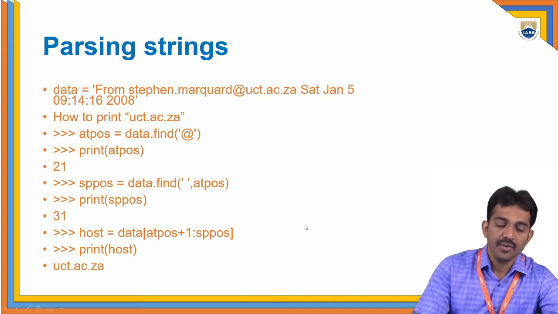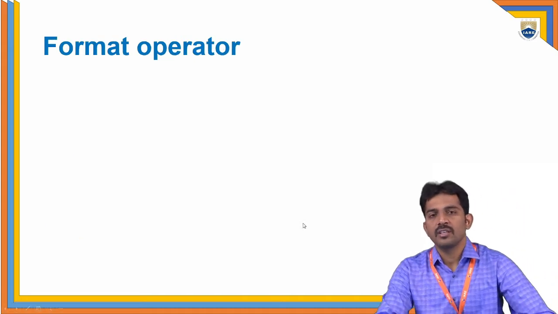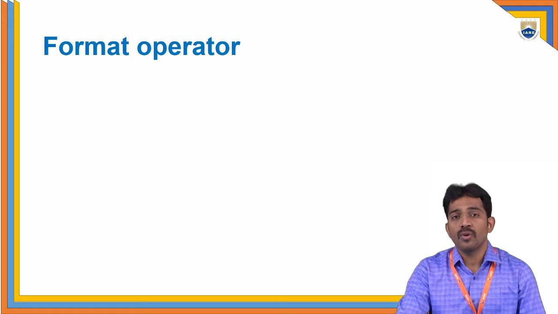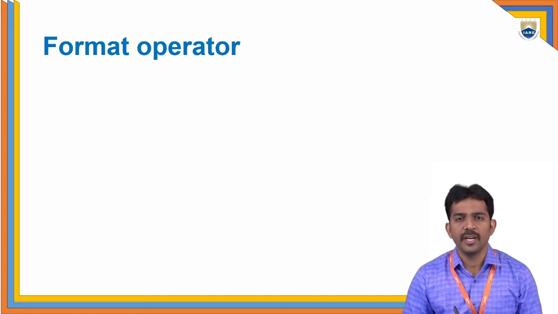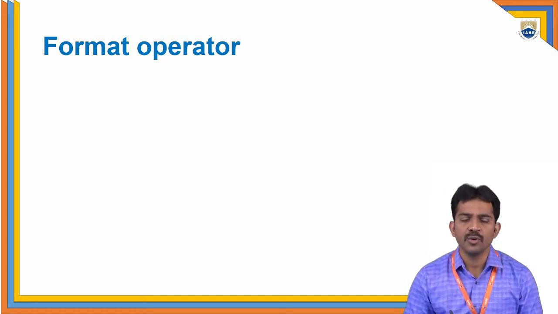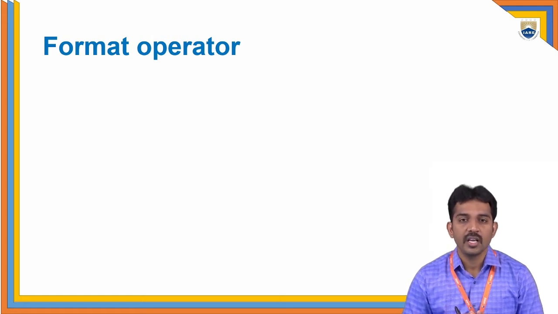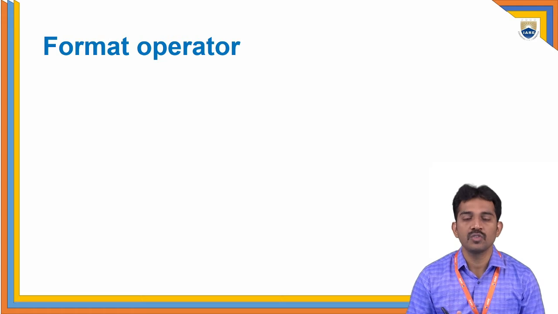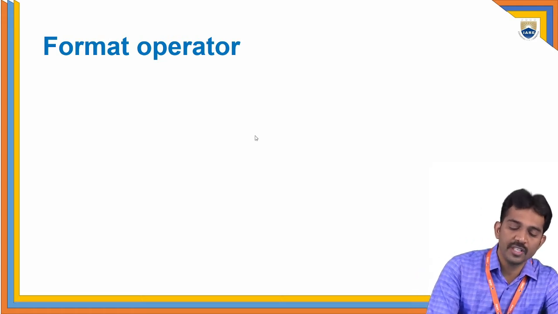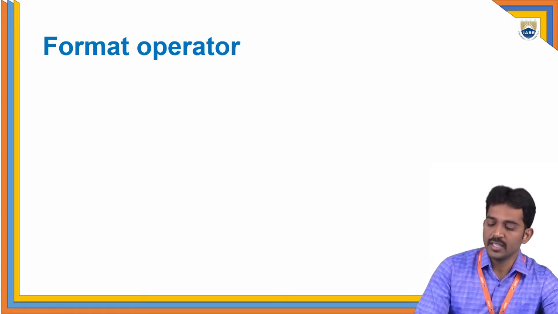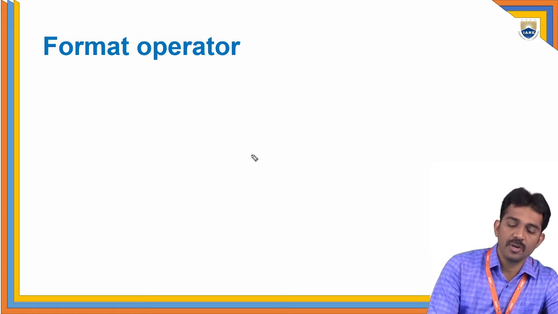Next, we'll see the format. Generally, up to now, we just use print of A, print of B, print of something. This is the way. But if you want to print a specific situation, see, for example, the data is the sum of two numbers.